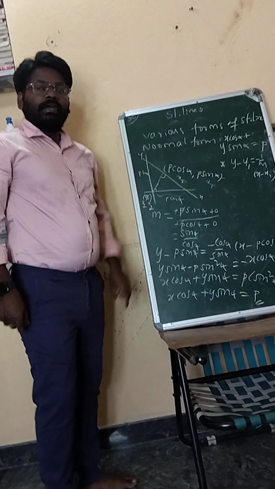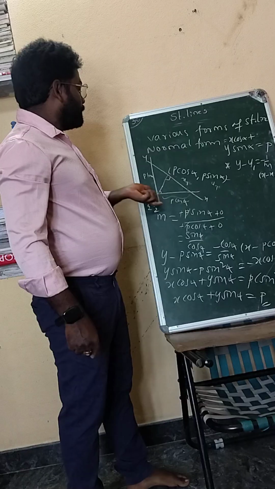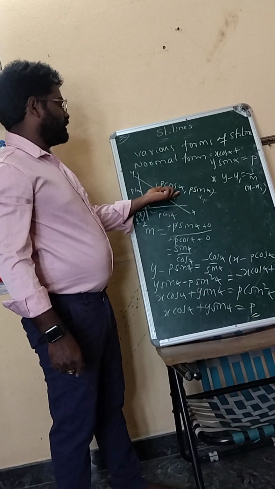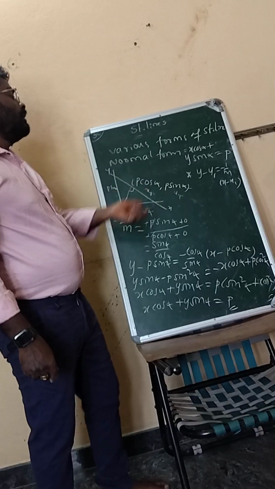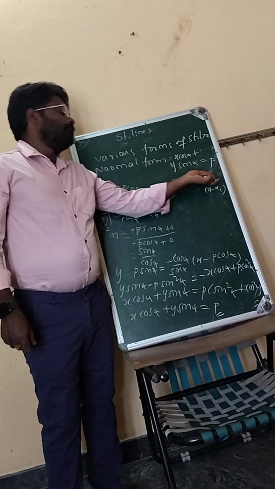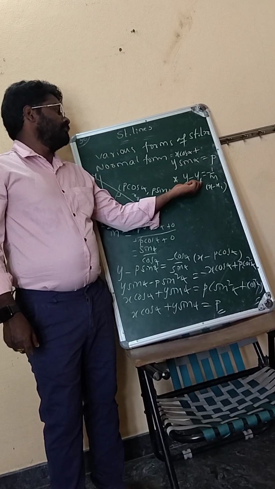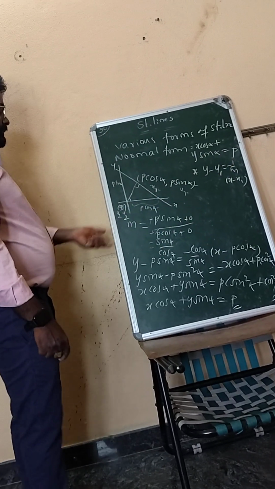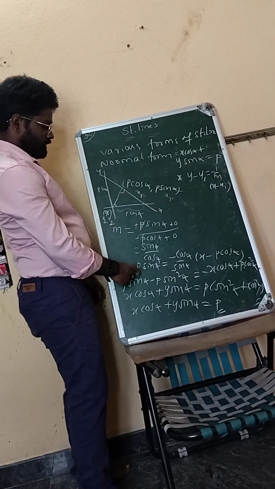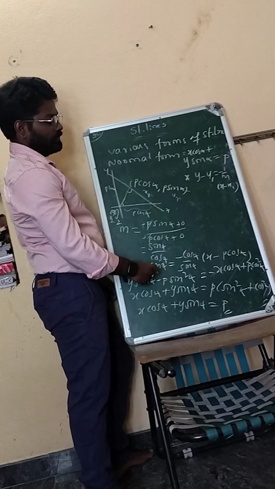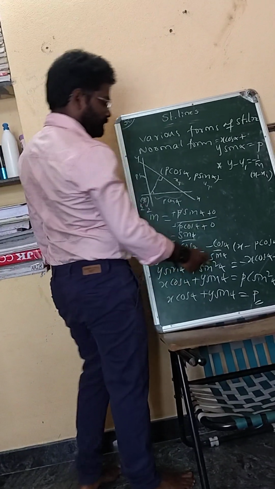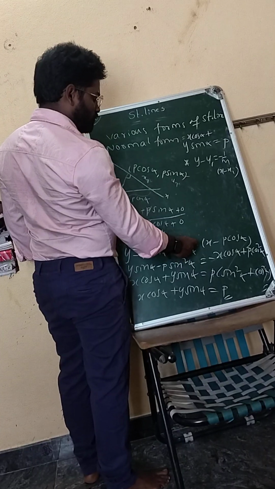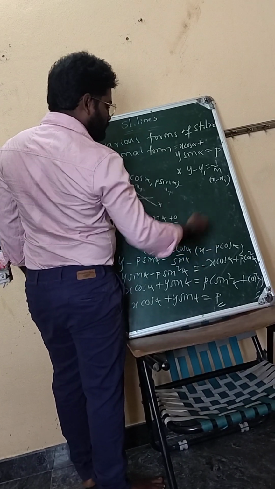This is the normal form, and most important. First one, this point is p cos alpha comma p sin alpha. Normal m is perpendicular, minus 1 by m: y minus y1 equals minus 1 by m into x minus x1, and the same condition, y minus p sin alpha equals minus 1 by m, meaning cos alpha shifted to the numerator, minus cos alpha by sin alpha.